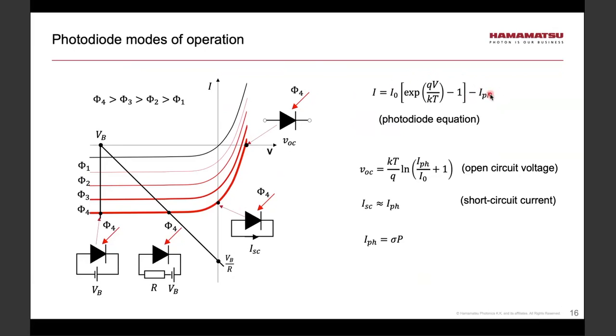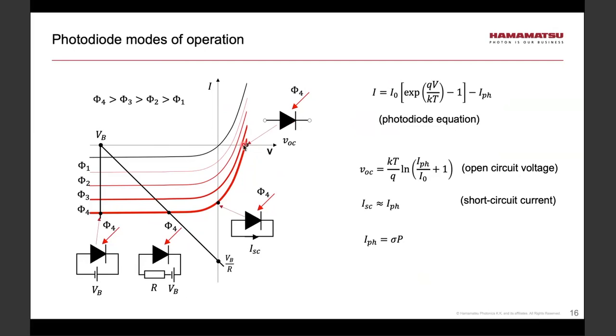Now, what we observe depends on where our observation or where our Q point is. So let's start with so-called open circuit operation. In this operation, there is no bias applied to the photodiode. There is no current flowing. And so what one observes is the voltage.